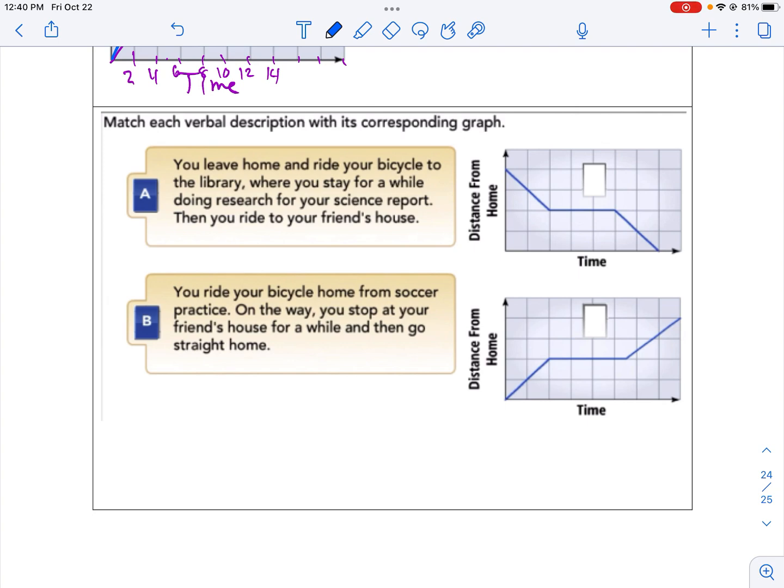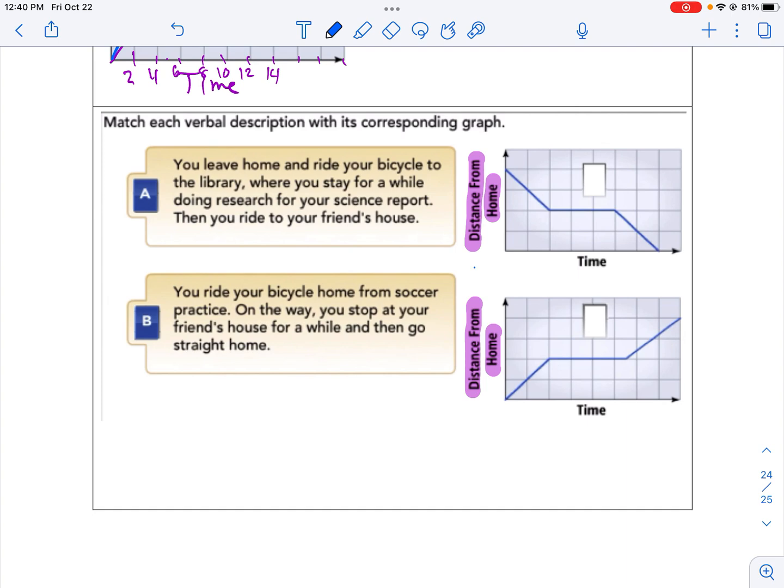B says you ride your bicycle home from soccer practice. So we're away from home. The reason I am saying home or away from home is because our y-axis, if you notice, is labeled distance from home. On the way, you stop at your friend's house for a while, and then you go straight home.